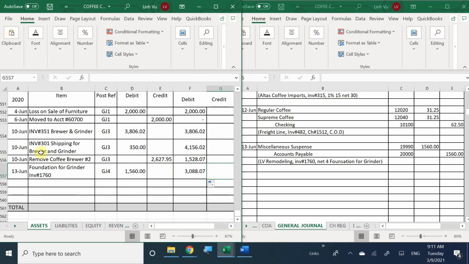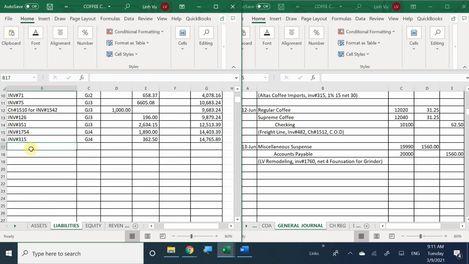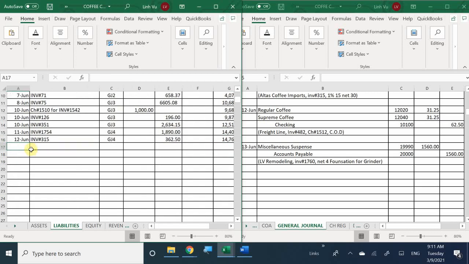Okay. And then lastly, because we placed it on accounts payable, we're going to edit our accounts payable. It is June 13. Invoice number 1760. Okay.